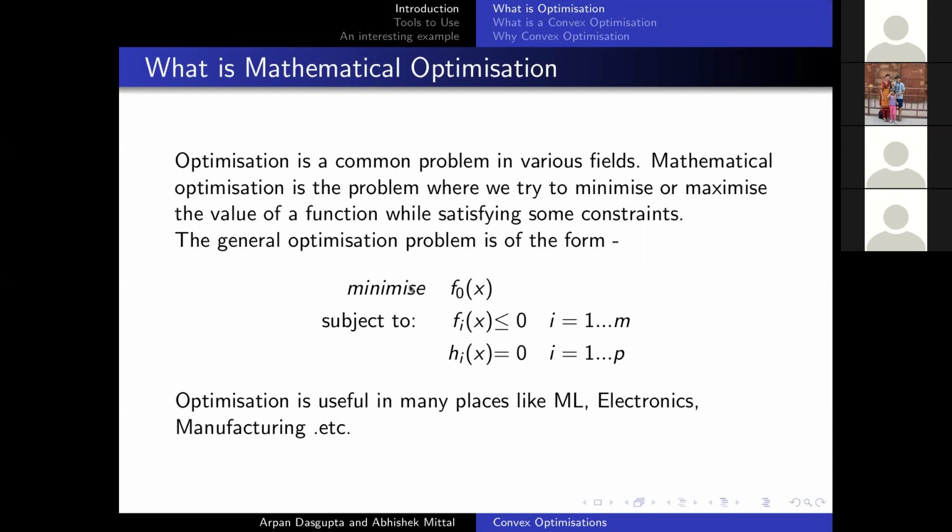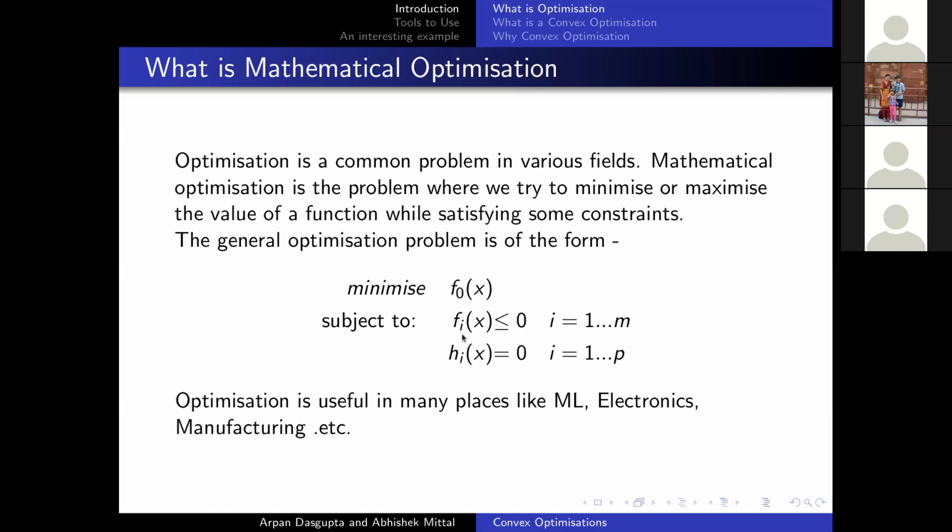Our problem can be minimization or maximization. However, we try to write it in the form of minimization, and we try to compare the f_i's left-hand side with zero to make the notation convenient.